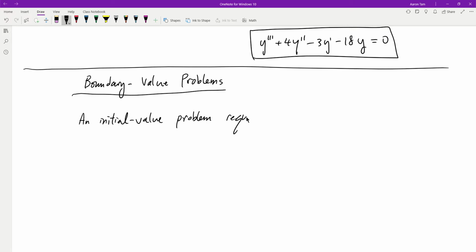It basically requires our general solution to our differential equation to satisfy a given set of initial conditions.